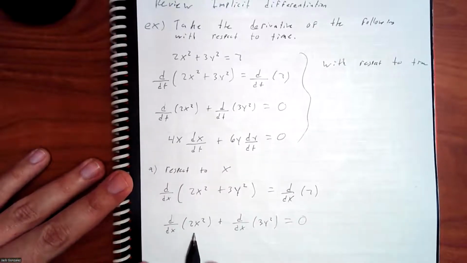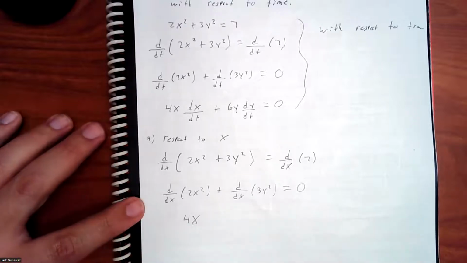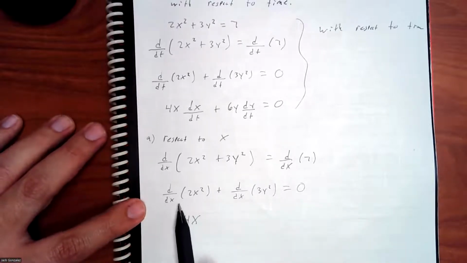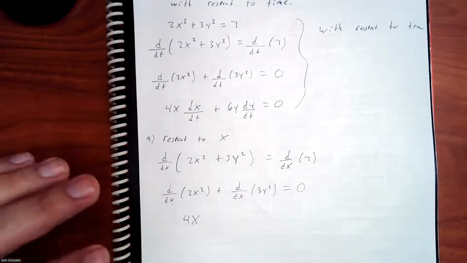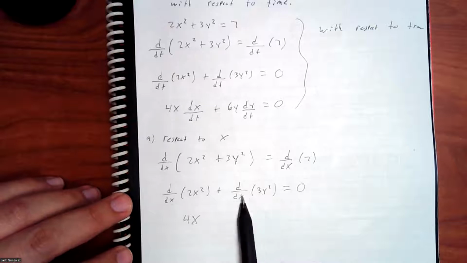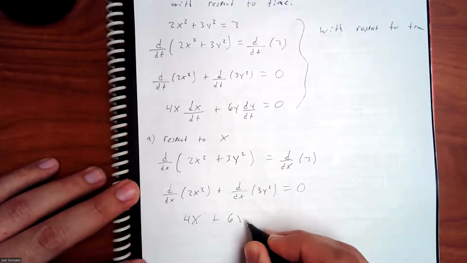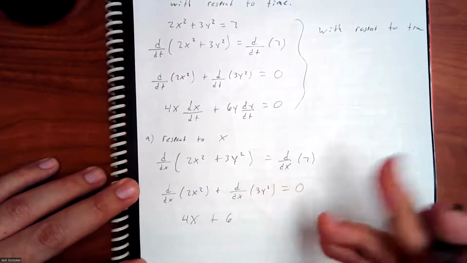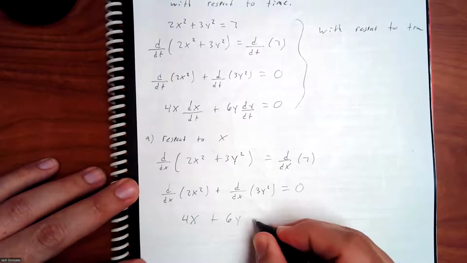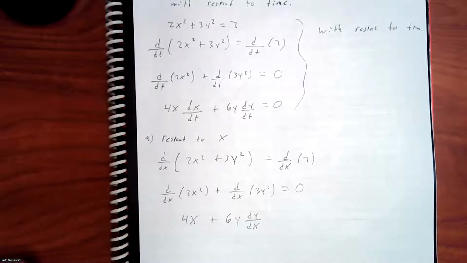So this will be 4x. So no implicit piece because it's matching the variables, right? dx and x are the same. So you do it like you always have. These do not match. So you'll get 6y dy dx. Okay, so that's what we did last time.